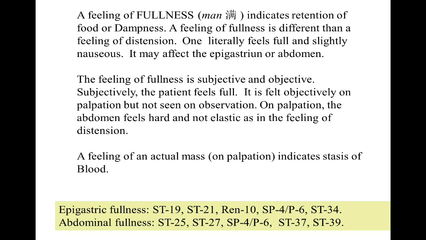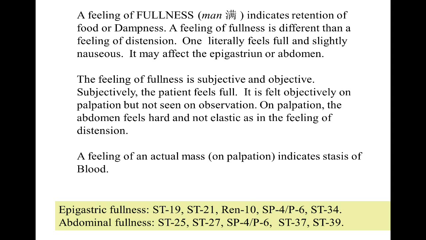And they're called lower He points, because the He point of the large intestine would be in the elbow, large intestine 11. And the He point of the small intestine would be small intestine 8. But you do not use, or at least I don't use, those 2 points for problems of the intestine's organs themselves. Small intestine 8 and large intestine 11 will be used more for the channel problems of small intestine and large intestine.